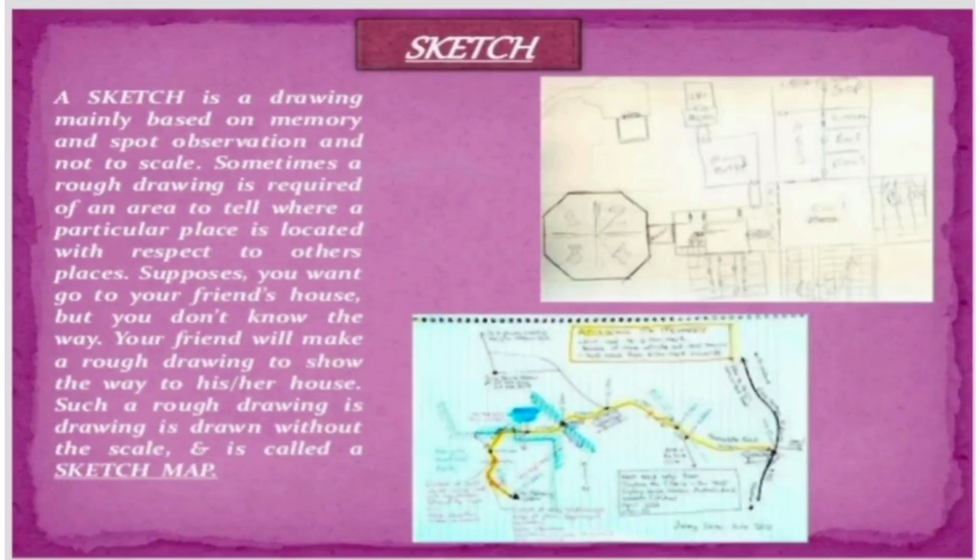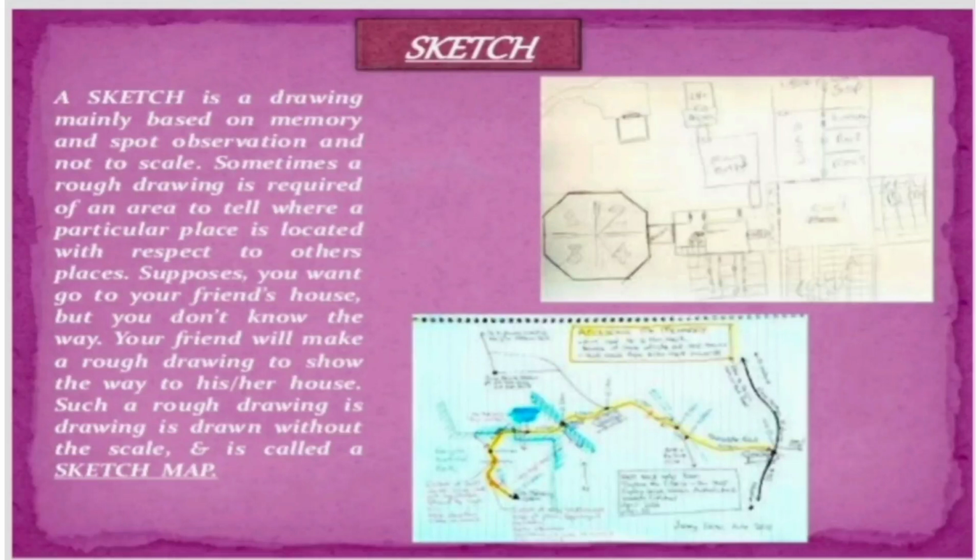Sketch. A sketch is a drawing mainly based on memory and spot observation and not to scale. Sometimes a rough drawing is required of an area to tell where a particular place is located with respect to other places.